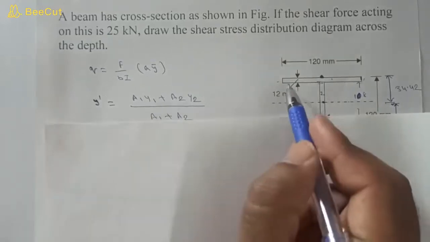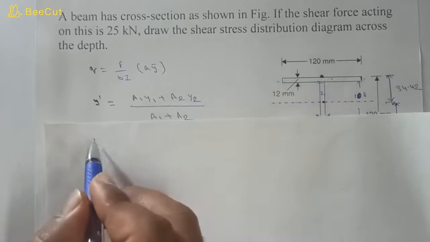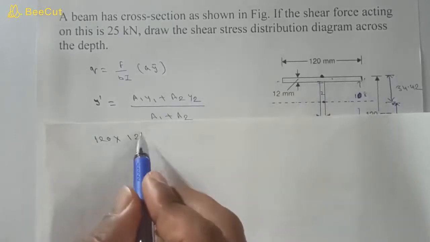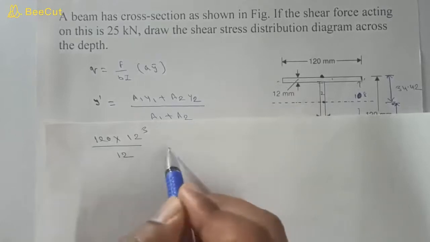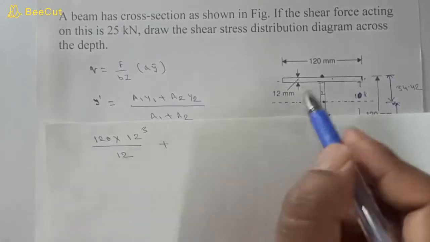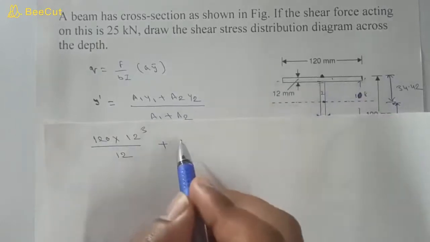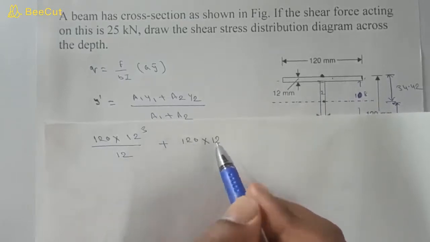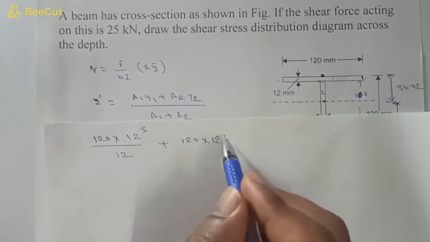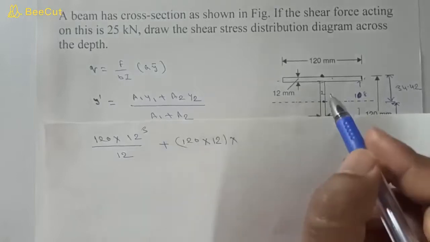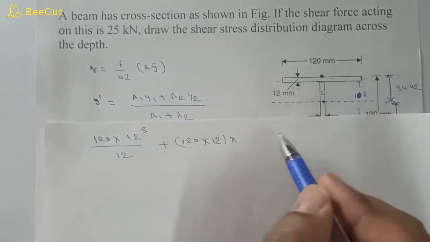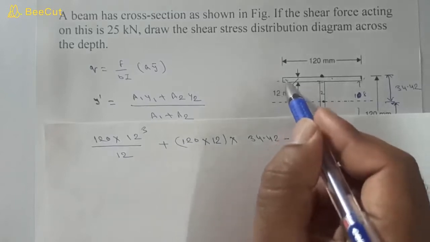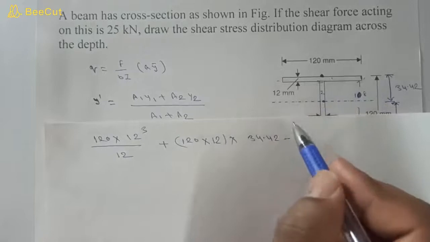So for the flange, b is 120 into height 12 cubed divided by 12, plus area times distance squared. The area is 120 into 12, into the distance, 34.42 minus the distance of the centroid of this flange, 12 by 2, which is 6, squared.